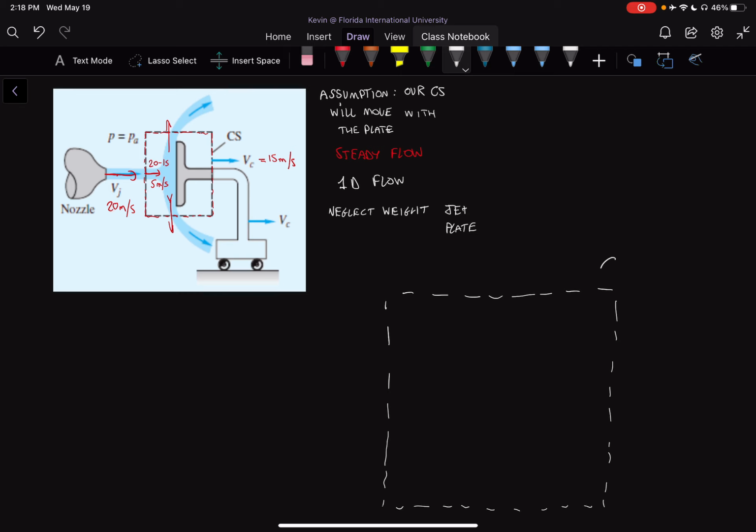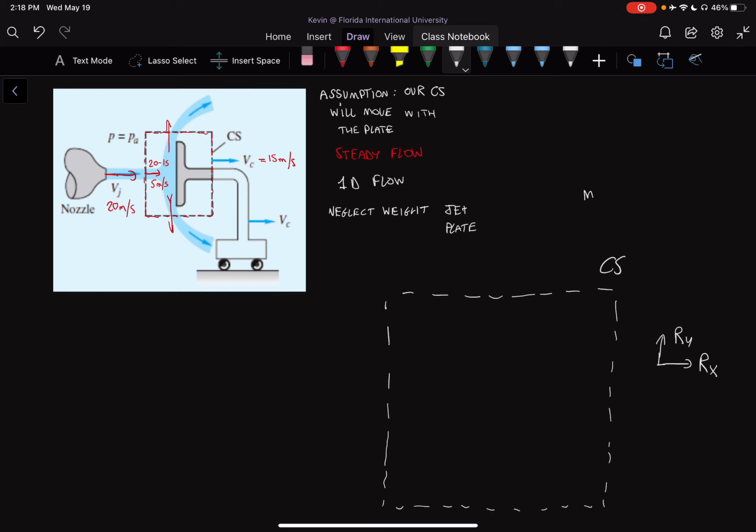I'm going to draw my control surface, and we're going to use a coordinate system with y in the up direction and x in the sideways horizontal direction.